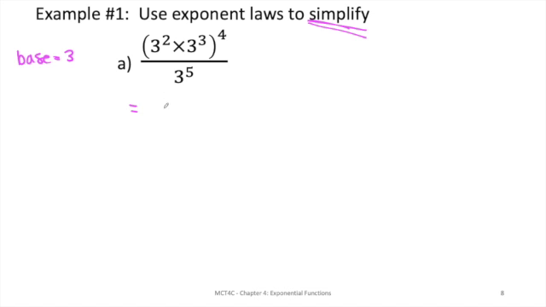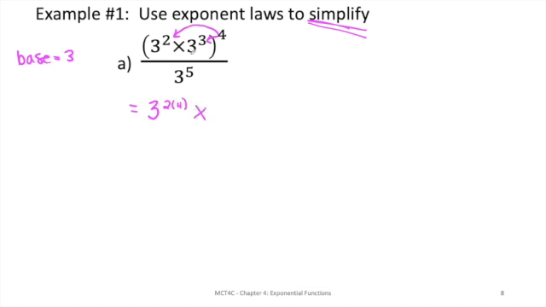Okay? So our example here, we are going to solve in our numerator first and simplify that numerator. You're going to have to put that exponent in to both the parts of the base, okay? So keep your base 3, and then you're going to have to use your product law and do 2 times 4.